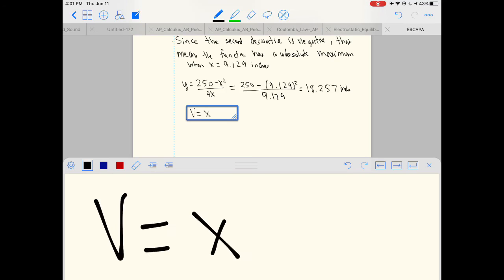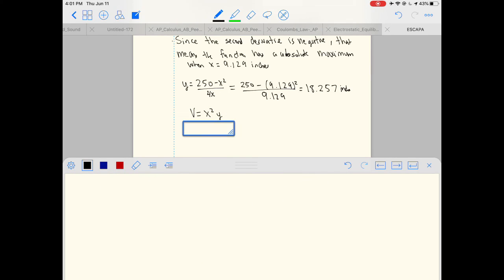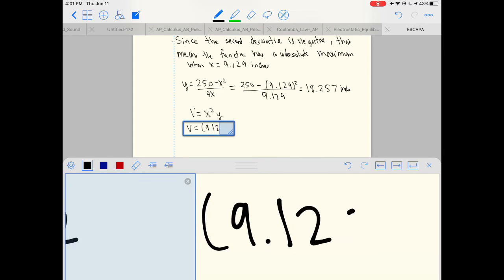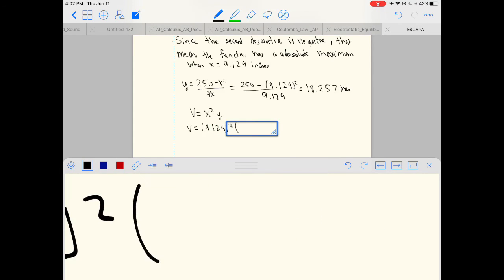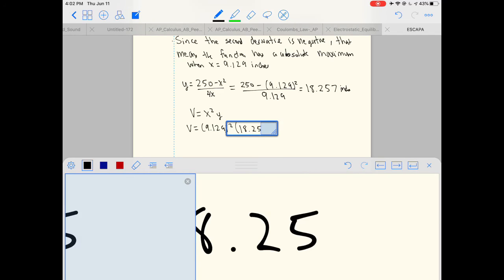And now we need the volume equation. So volume equals x squared y. X equals 9.129. Volume equals 9.129 squared times 18.257.